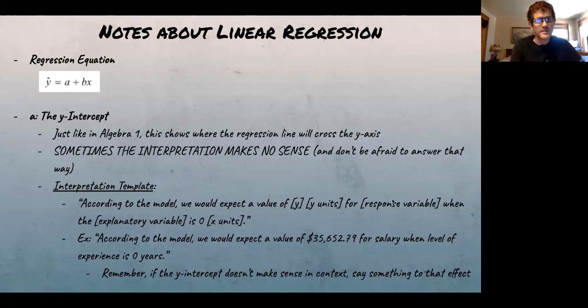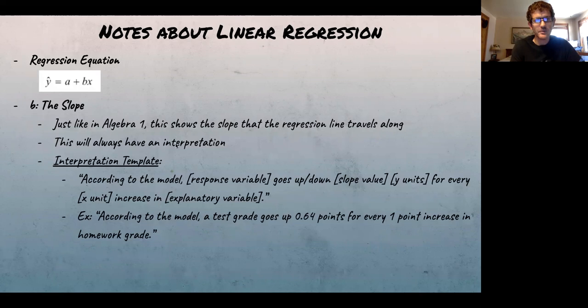Okay, now we've got the slope. And again, we can interpret the slope. According to the model, a test grade goes up 0.64 points for every 1 point increase in homework grade. So the template that you used right here could go up or down based on the sign of the slope. If it's negative, then it will go down for every increase in x.